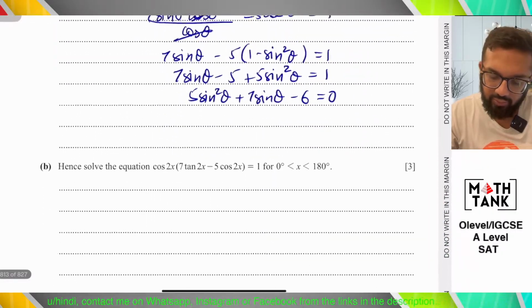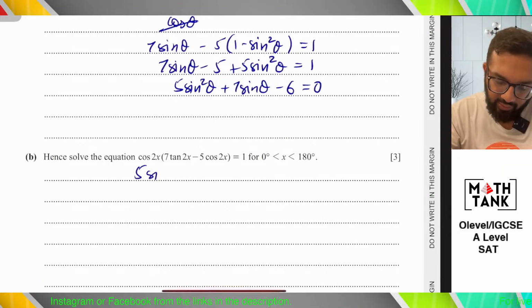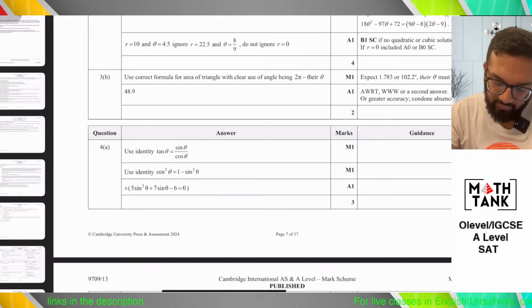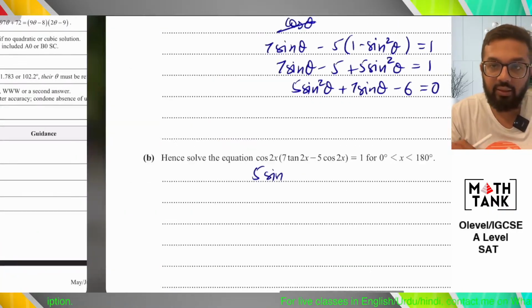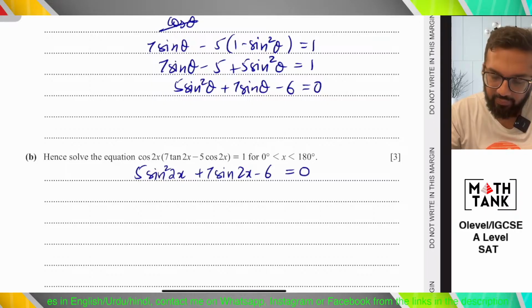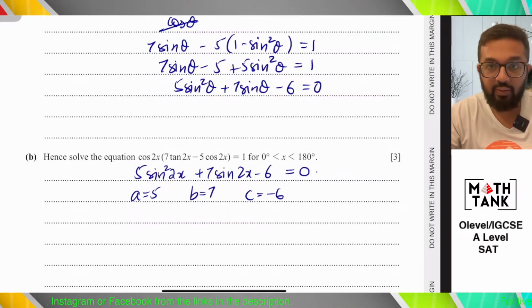Okay, I've changed that. Again, this one will also change to 5 sine 2x. Let me check if that's correct. So 5 sine square 2x plus 7 sine 2x minus 6 equals to 0. A is 5, B is 7, C is minus 6.